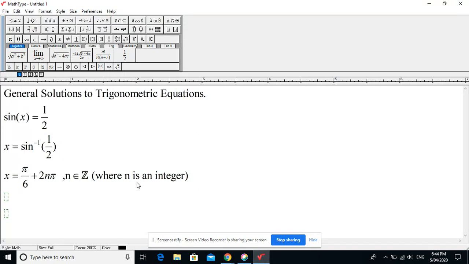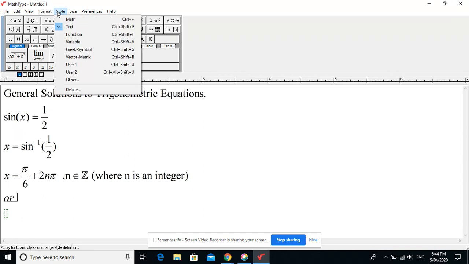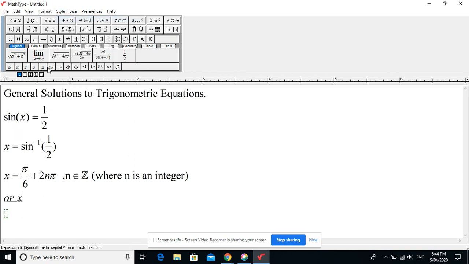So let's go back. For the odd numbers, so we can say or x equals, now this time we want odd numbers.